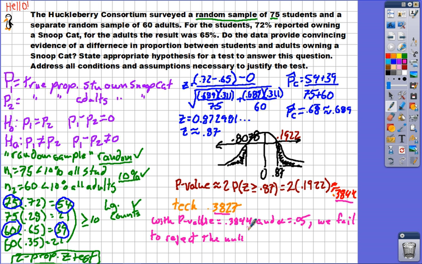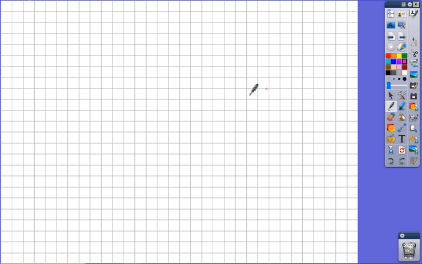Now, let's go ahead and do a confidence interval for the same question. In a confidence interval, let me remind you, we looked the other day and saw that it was the sample statistic plus or minus the z-score times the standard error. Let me write that out more specifically. p hat sub 1 minus p hat sub 2, that's our parameter of interest, our sample statistic, basically.